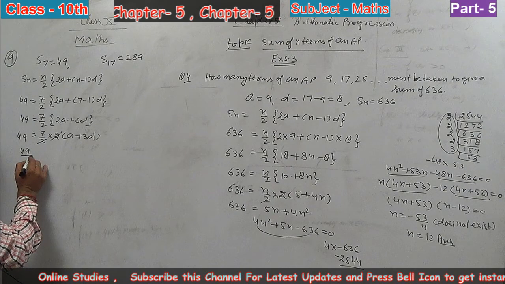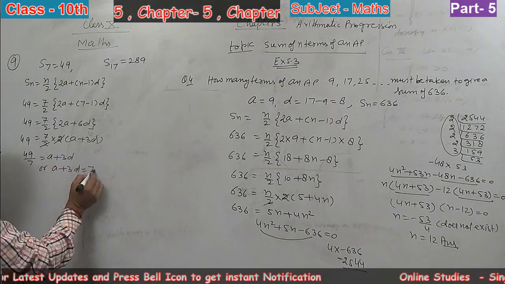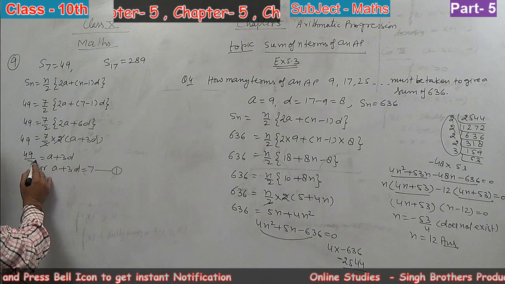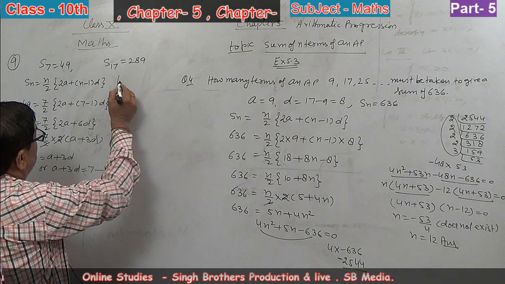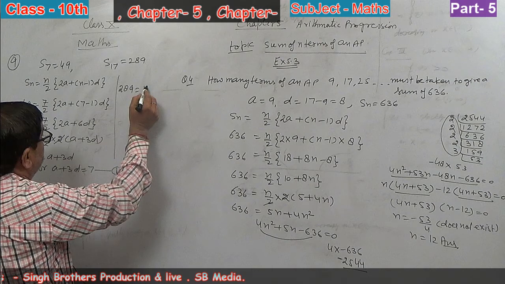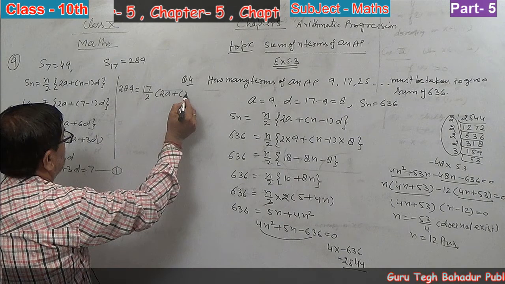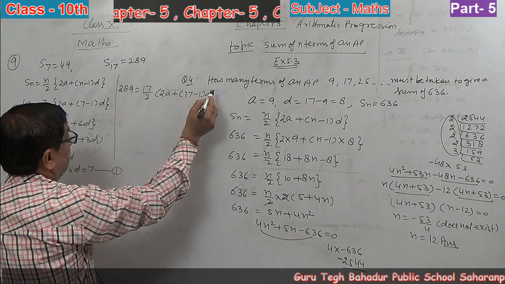In the second equation, the same formula we will use. 289 is equal to 17 upon 2, n is 17, Sn is 289, 2a plus 17 minus 1 into d. 289 equals 17 upon 2, 2a plus 16d. 17 upon 2, 2 common, a plus 8d.